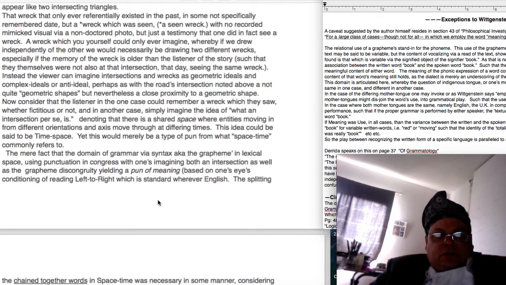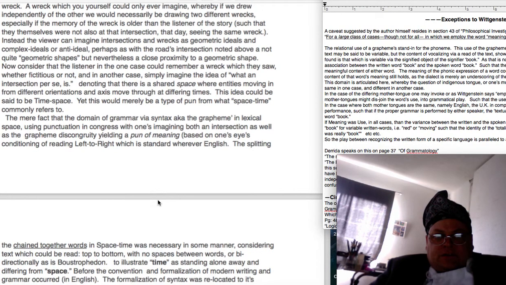Now consider that the listener in the one case could remember a wreck which they saw, whether fictitious or not, and in another case simply imagine an idea of what an intersection per se is, denoting that there is a shared space where entities move in from different orientations and axes, moving through at differing times.